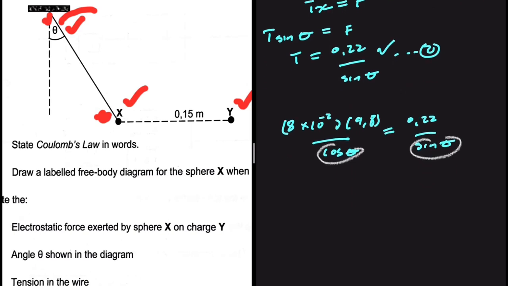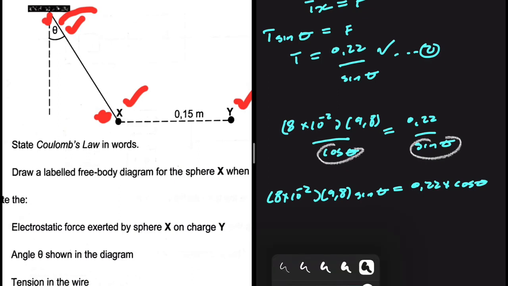Let me try and achieve that. If I cross multiply, I'm going to get 8 times 10 to the minus 2 multiplied by 9.8 multiplied by sine of theta being equal to 0.22 multiplied by cos of theta. Okay, I'm going to divide both sides by cos of theta because sine of theta divided by cos of theta is tan of theta.